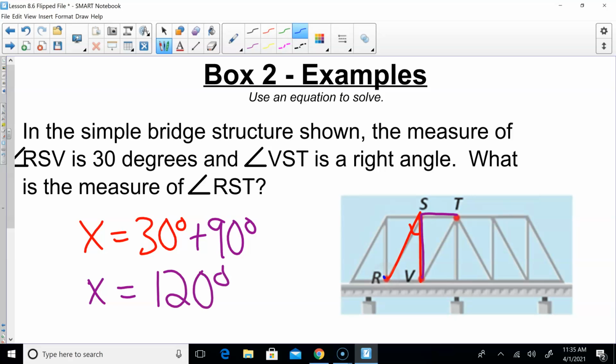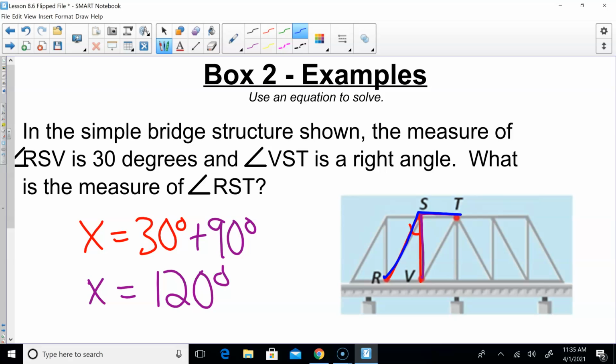The angle right here would incorporate this 30 plus this 90 to give us 120 degrees. So what is the measure of angle RST? 120 degrees would be the measurement.